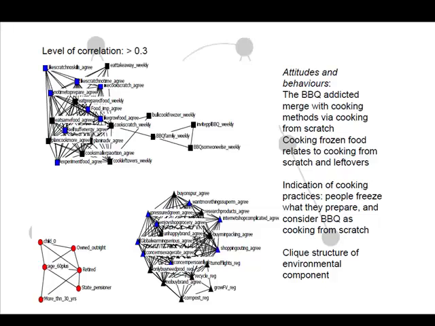So when you buy a sausage and you stick it on a barbecue, that's cooking from scratch, which is better than opening a can anyway. And then like the clique structure, the environmental component down here starts becoming very cliquey. So everything is connected with everything else.